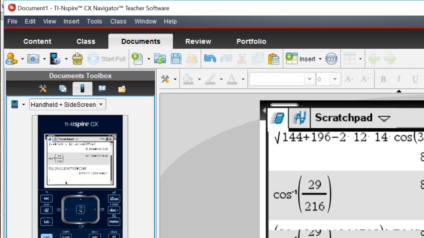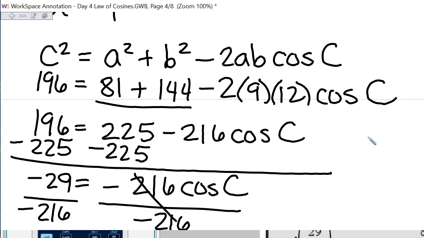So for our rounding rule, if it's 30 or more, it rounds up. So if it's a 3, is it going to round up? No. So this is 82 degrees, 17 minutes.